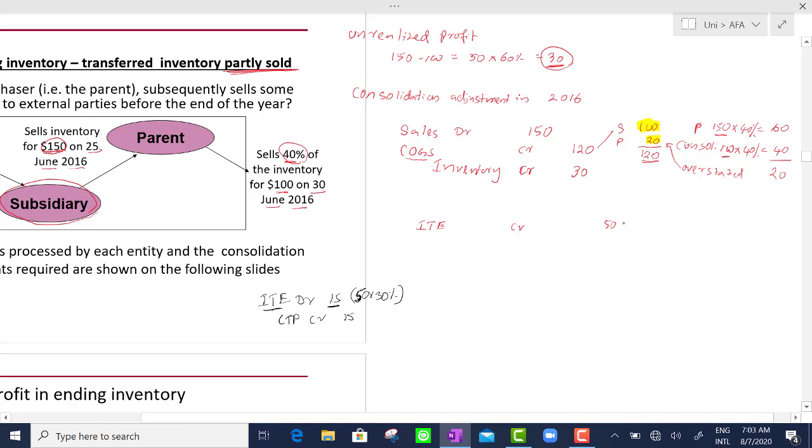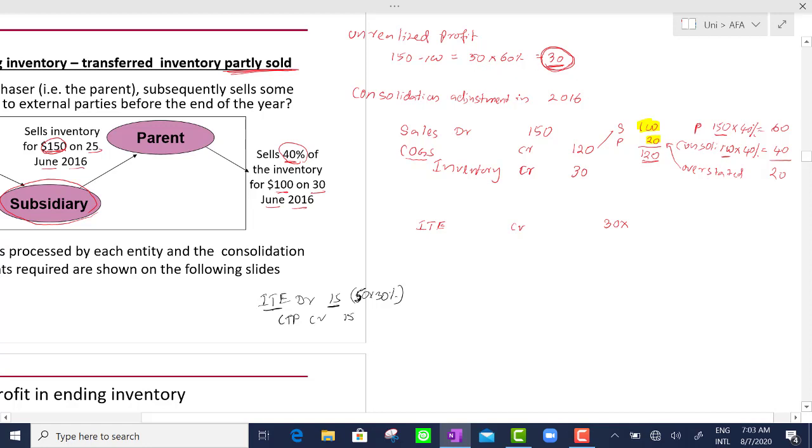Or else we can take the relevant unrealized profit amount, that is 30. We calculated that figure, 30, the unsold portion. Otherwise, 50 into 60%.